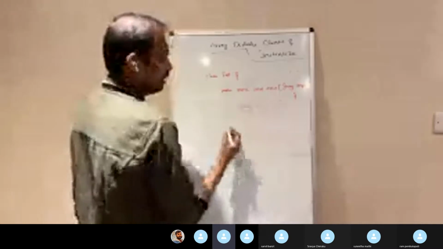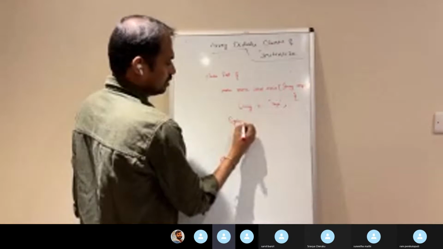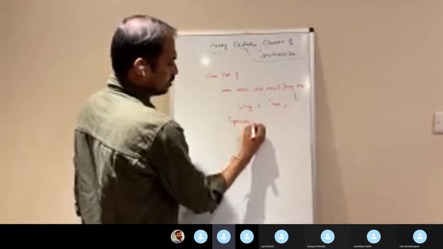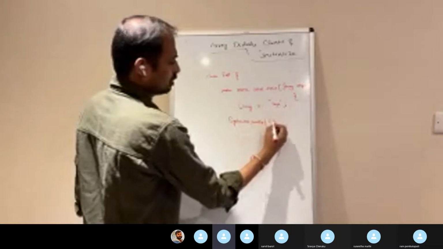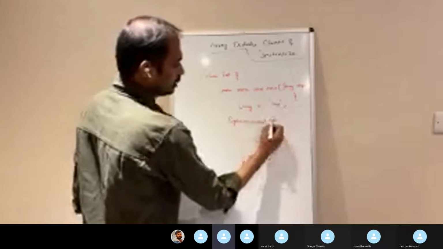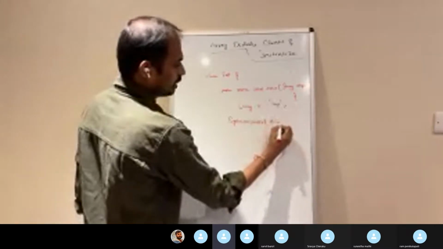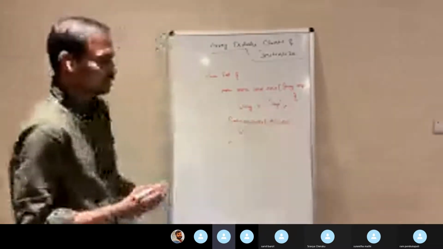String s is equal to Raja, where I declare, initialize, and create. System dot out dot println s dot length. Can you tell me the size?